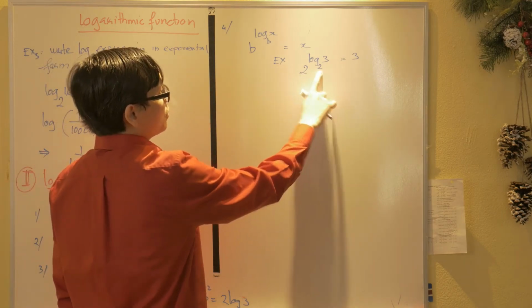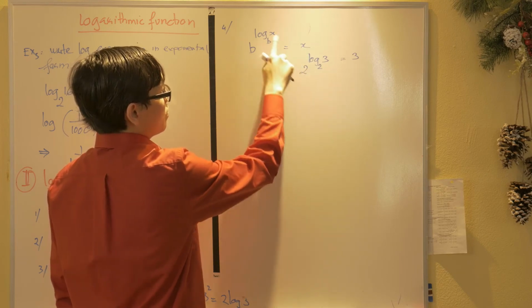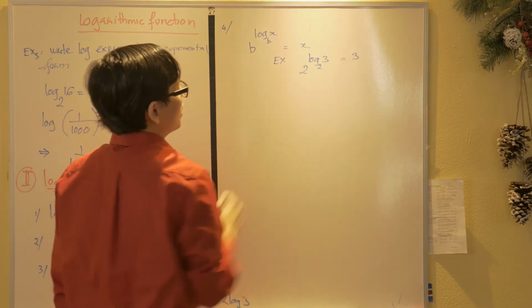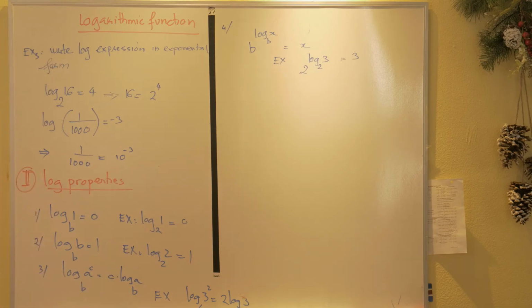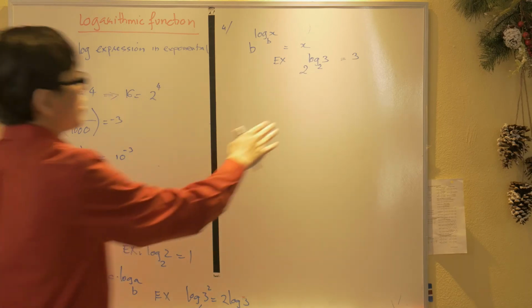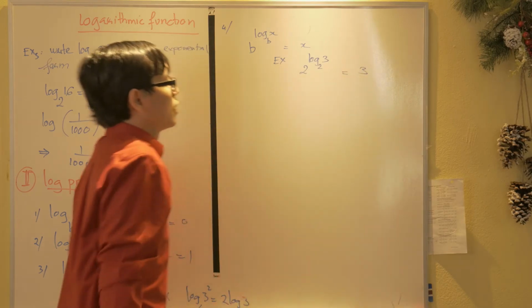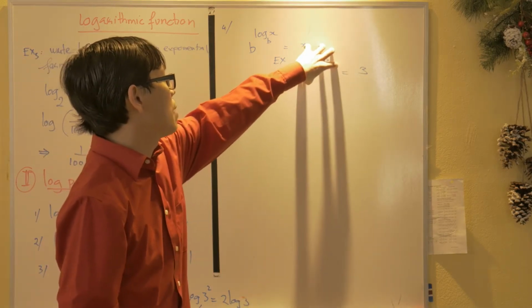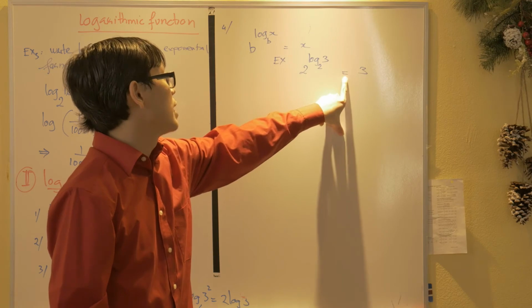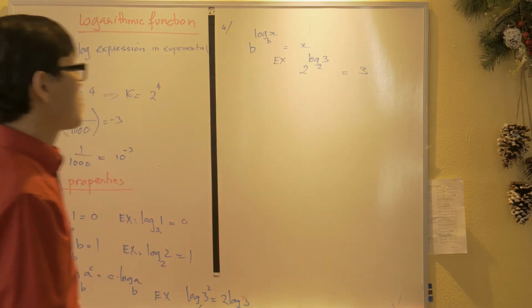So 2, 2, b, b, x, bring it here. 3, bring it here. So I should write number 3 down here. I'm sorry. So it's 3. Because this is considered as a power number, the equal sign should be down here.